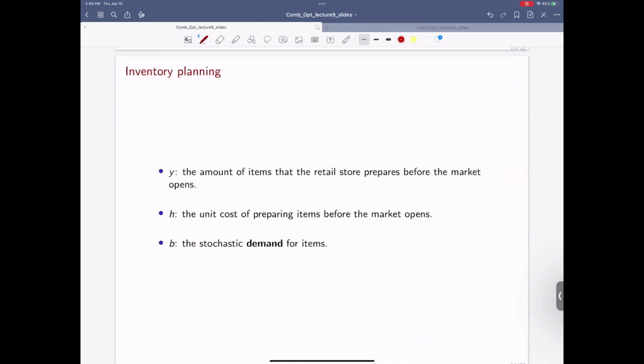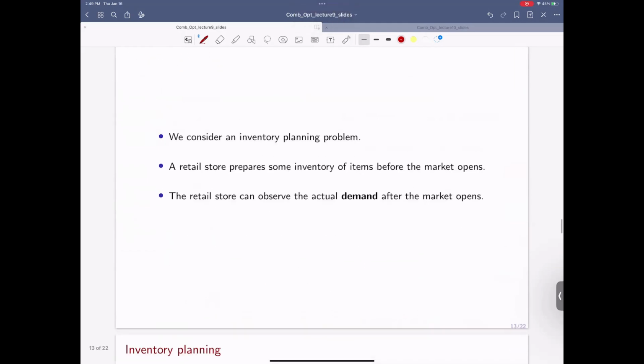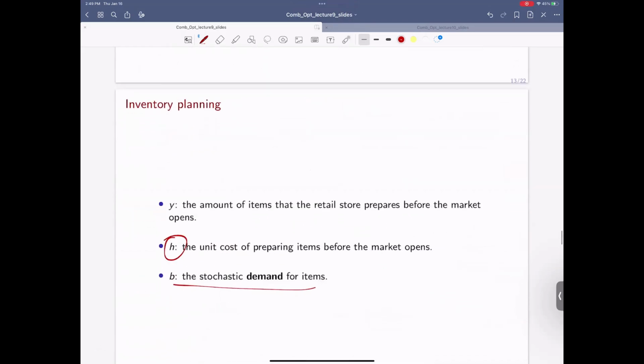But the thing is that the demand value is stochastic. It's a random quantity. And there's a cost of buying items.